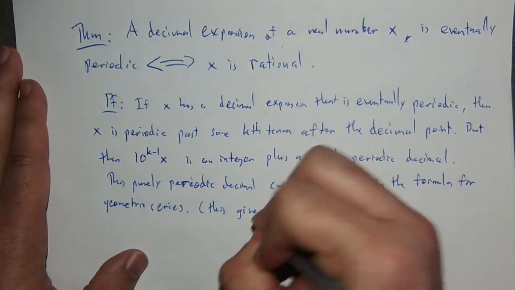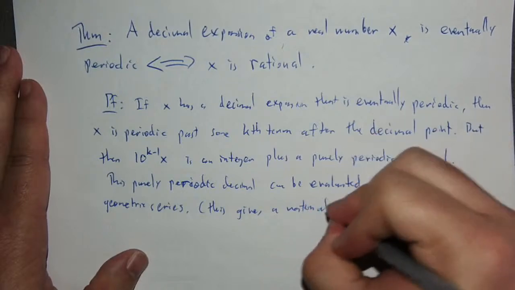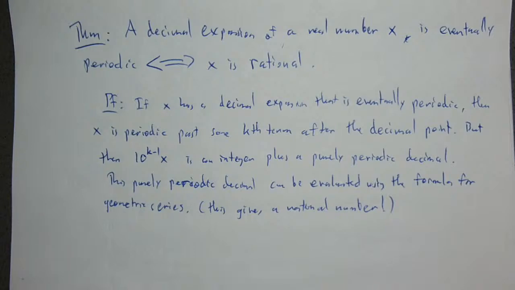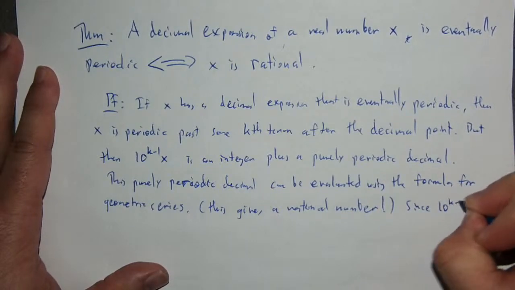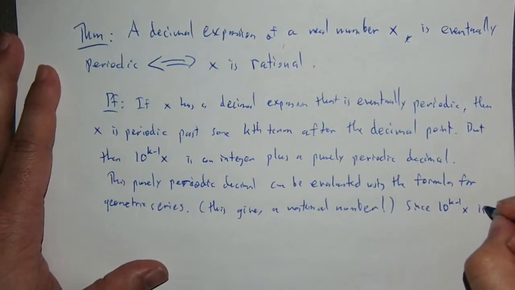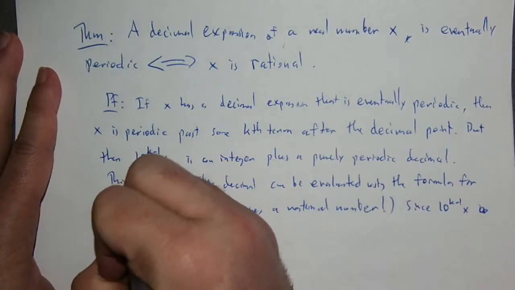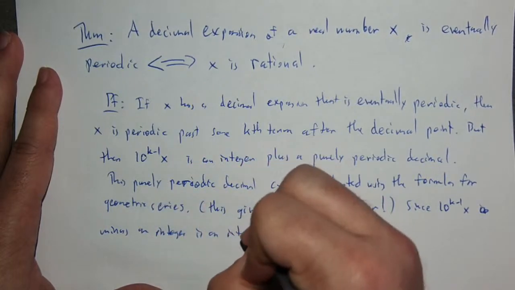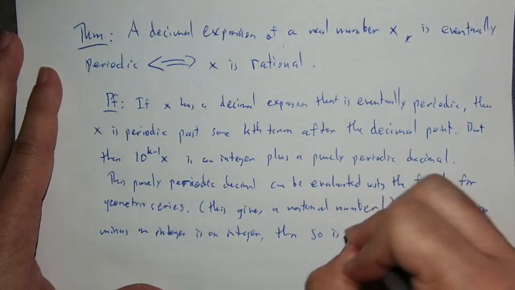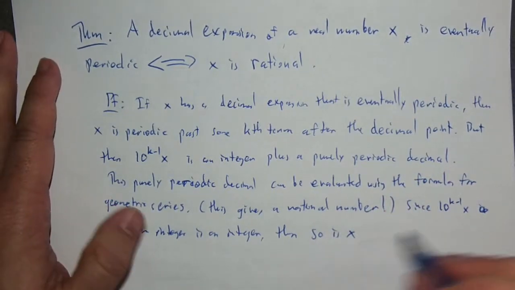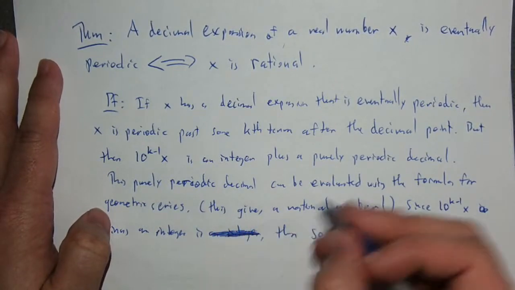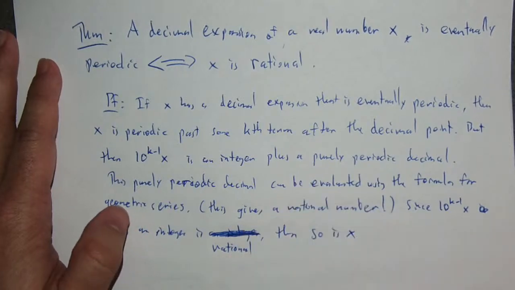So this gives a rational number. Since 10 to the k minus 1 times x minus an integer is rational, then so is x.